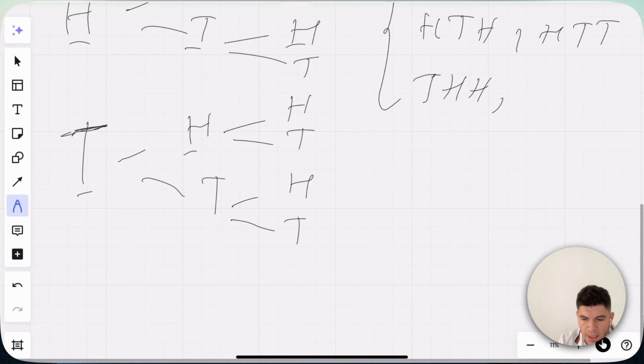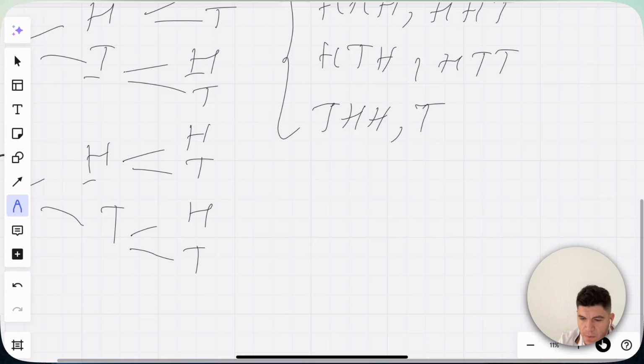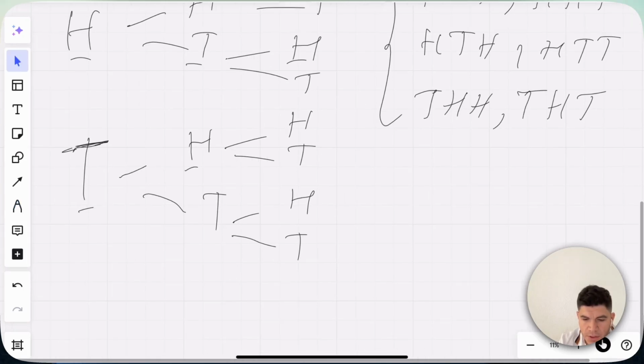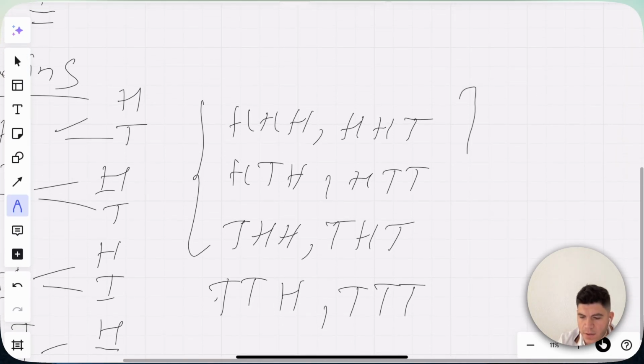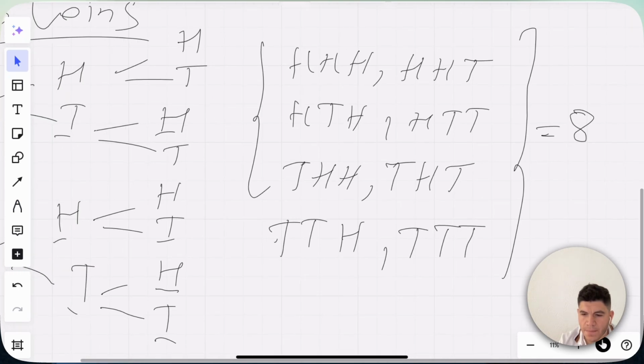We get HHH, then HHT, then HTH, then HTT. Following accordingly, we then get THH, then THT, then TTH, and the last one is TTT, three times tails. So in total we get 8 different outcomes here.